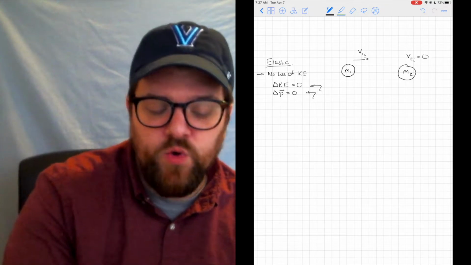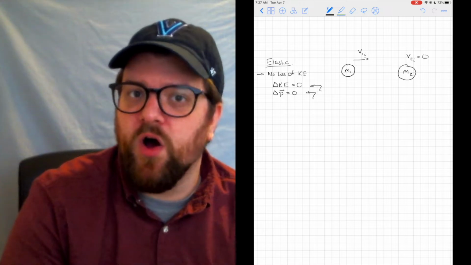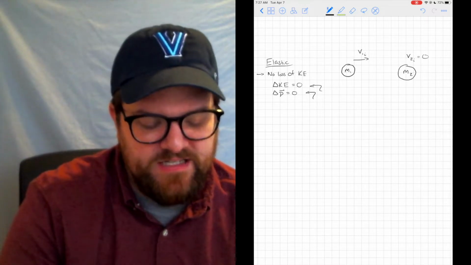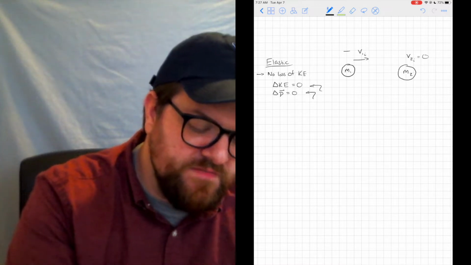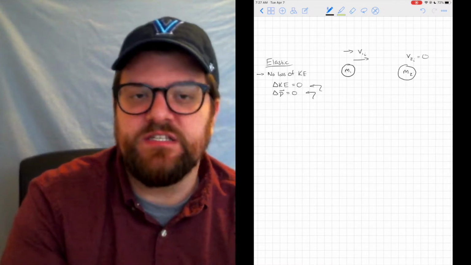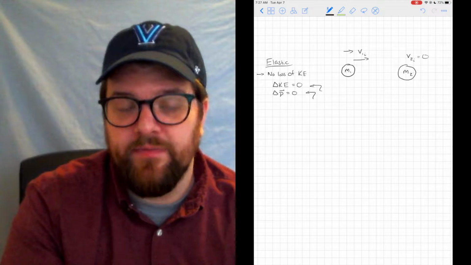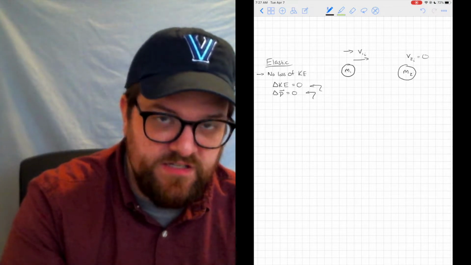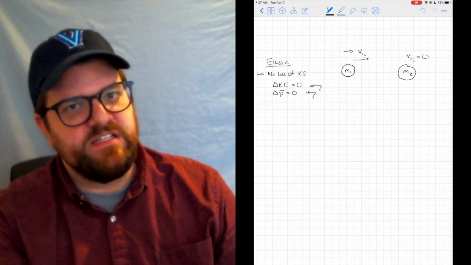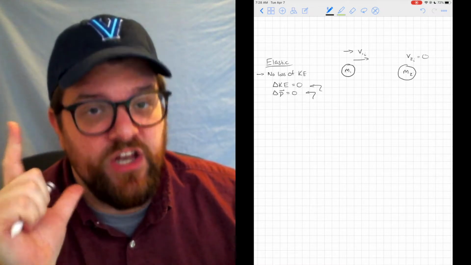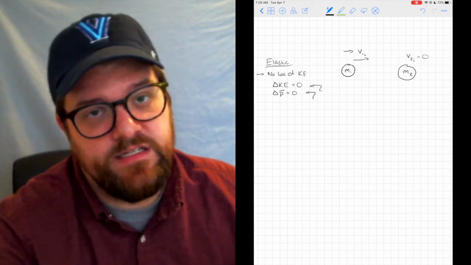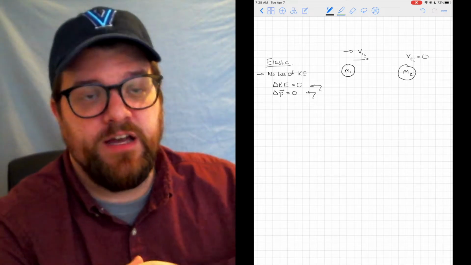The big question here is, what are the speeds of mass 1 and mass 2 after the collision? This assumes that we know the initial speed of mass 1 coming into the collision. So again, very specific scenario. Mass 2 cannot be moving. Mass 1, we know the speed. And of course, we need to know the masses of both of these objects.